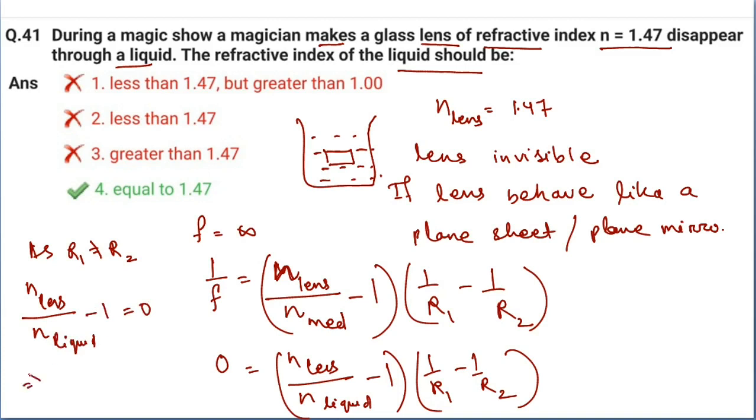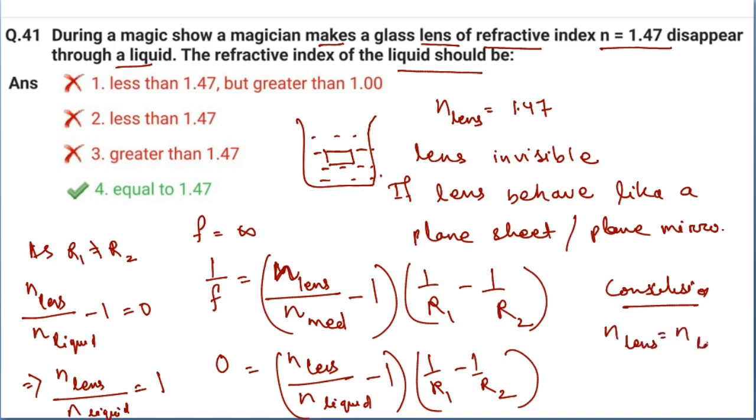That implies the refractive index of the lens upon the refractive index of the liquid is equal to 1. So our conclusion is the refractive index of the lens is equal to the refractive index of the liquid. The question asks for the refractive index of the liquid, and it should be equal to the refractive index of the lens, right? So option 4, that is 1.47, is the correct answer.